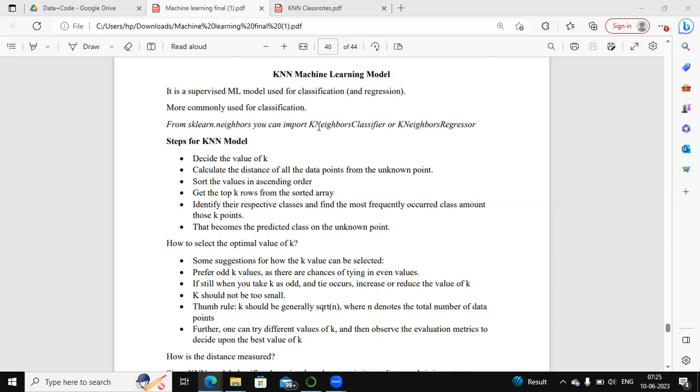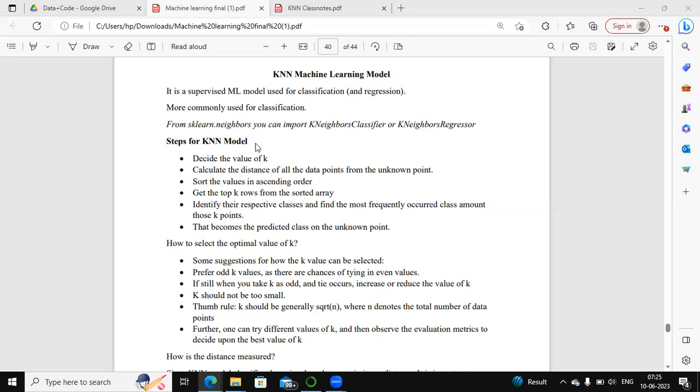You can import either depending on the kind of data set you are dealing with. If you are dealing with a data set where a regression problem is required, then you can go with KNeighborsRegressor. If it is a classification kind of data set, then you can go with KNeighborsClassifier.